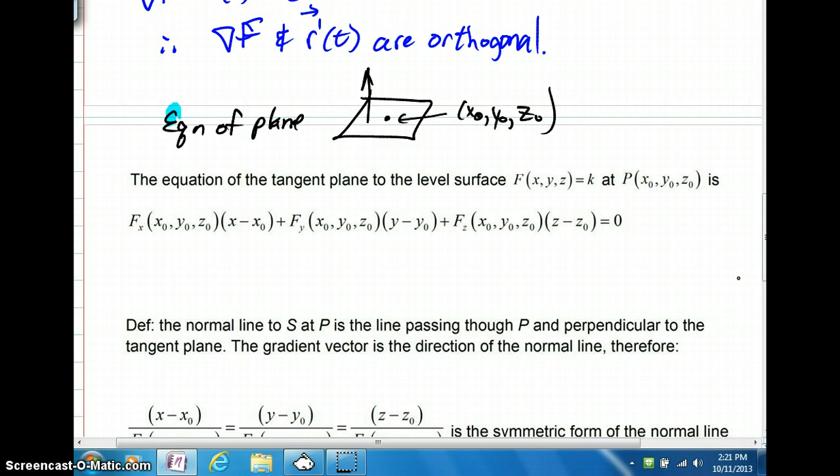Now, immediately kids might go, wait a minute, Mr. Dobner, the gradient is just going to be the vector that's perpendicular to r prime of t. But r prime of t is going to be in a tangent plane where actually all the directional derivative vectors, or direction vectors at least, are going to be contained. So holy cow, what were we doing before? We'd say, look at this perpendicular vector of a comma b comma c.